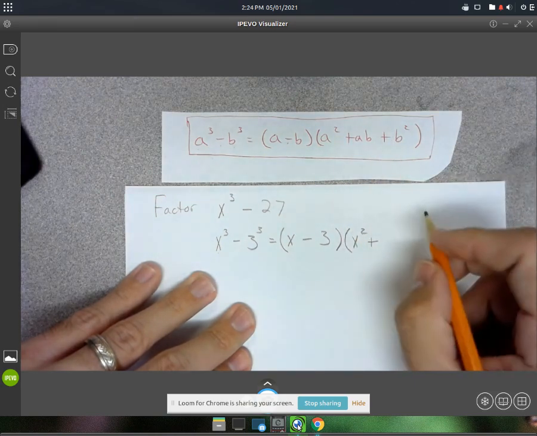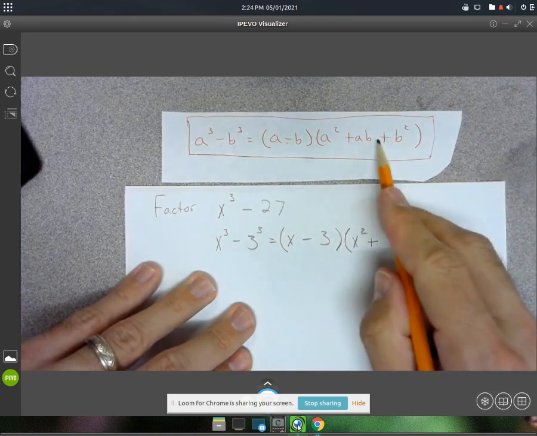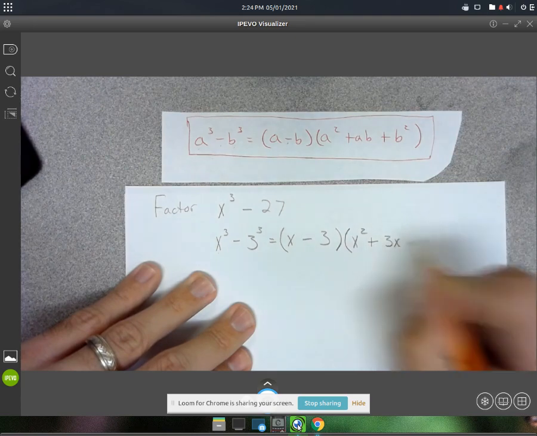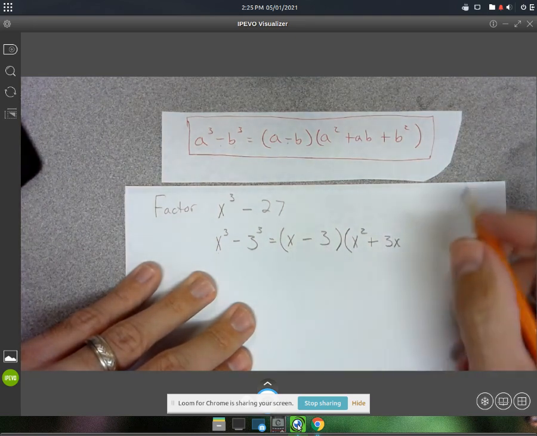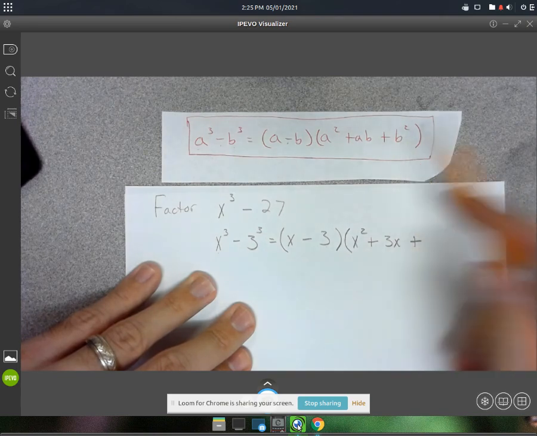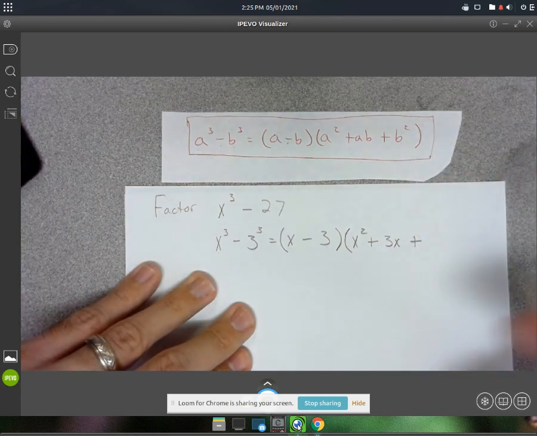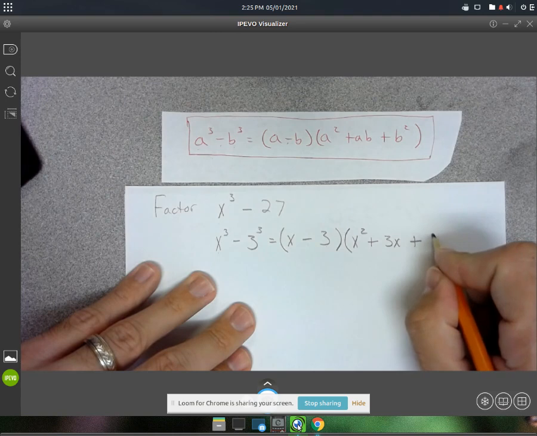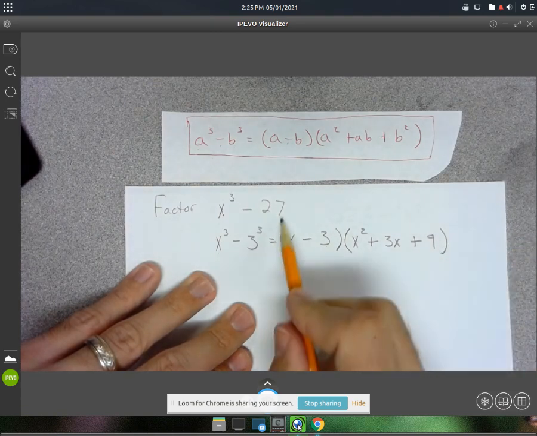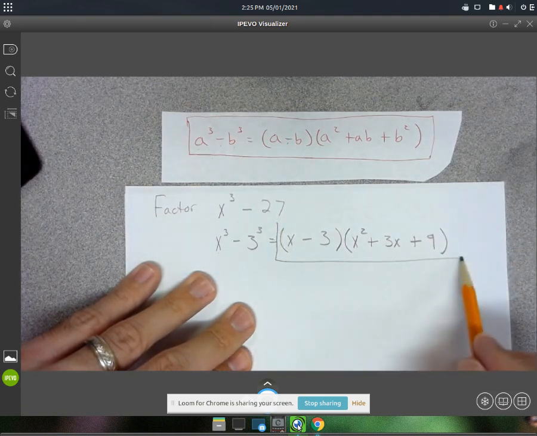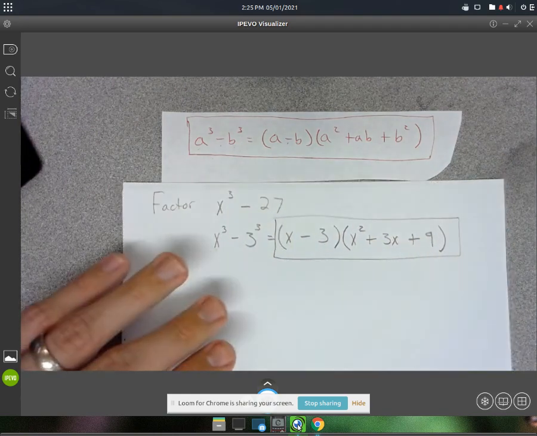So plus, and then it's going to be a times b, which is 3 times x, plus b squared. So 3 to the second power. You get a 9 right there. And that is our factored form for that one.